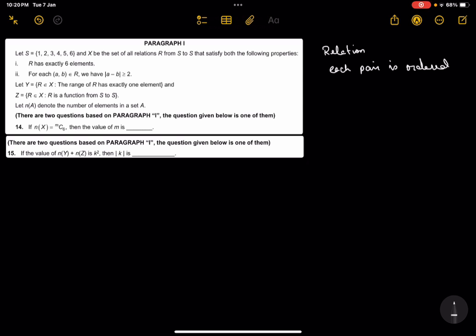That gives us 1 can be related to 3, 4, 5 and 6.